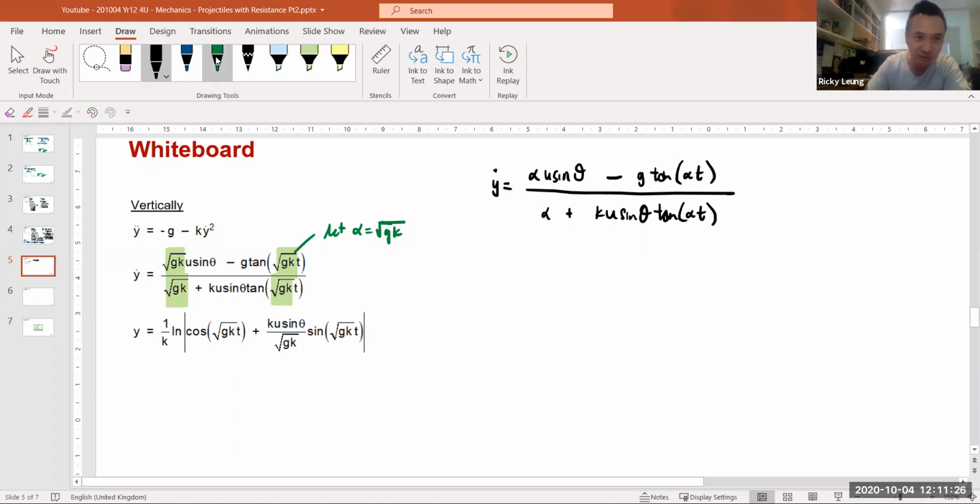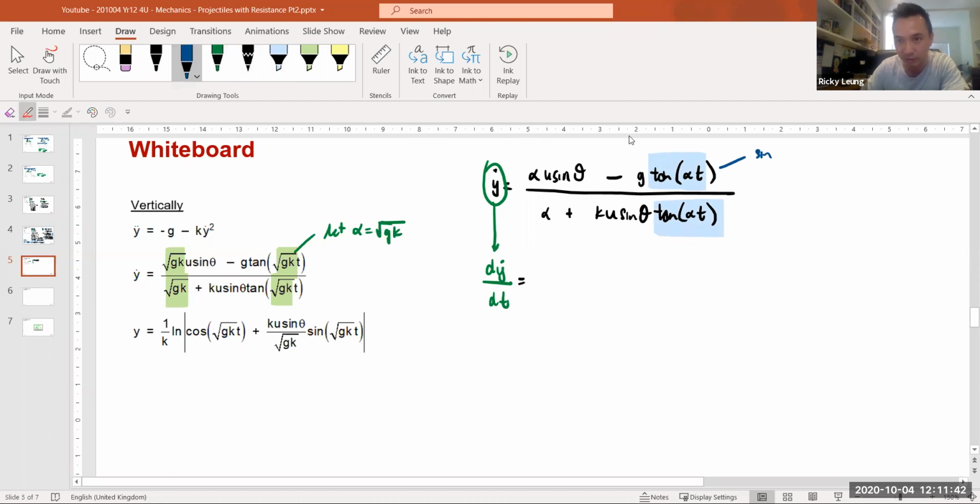I'm going to do two things here. Step one, I'm going to replace this with d dt. And at the same time, I'm going to replace tan with sine and cos. So we replace that with sine. Yep. So I get this.